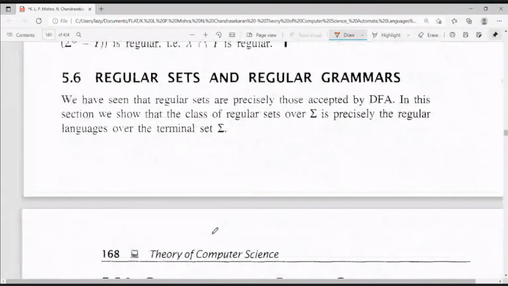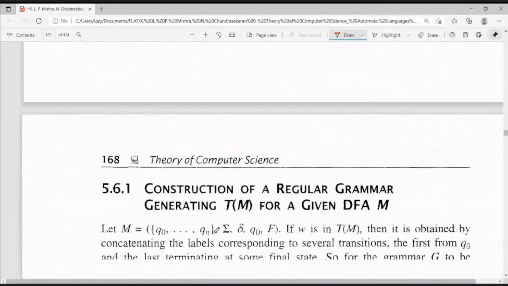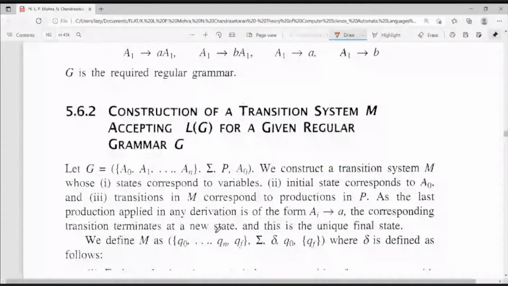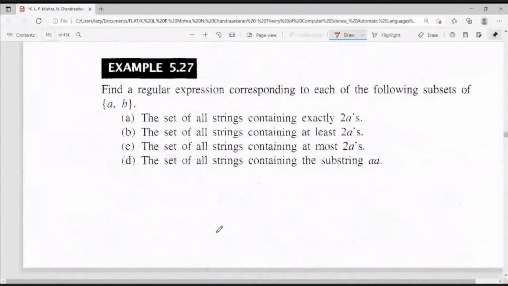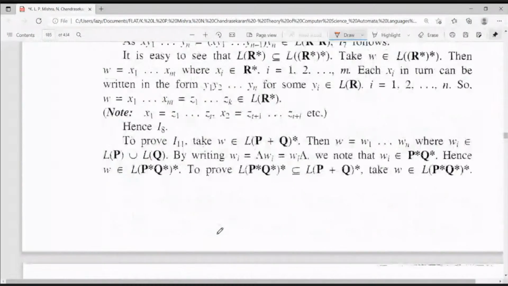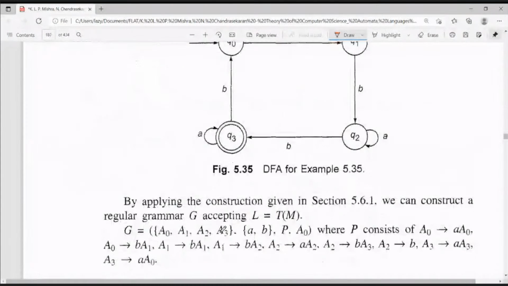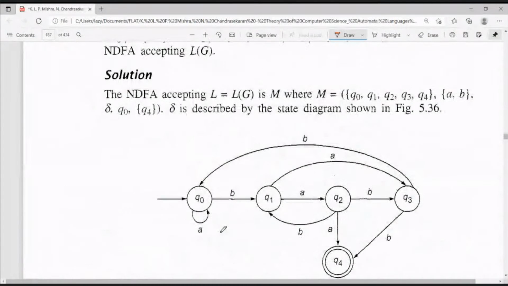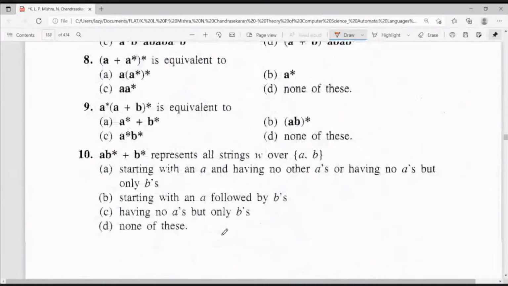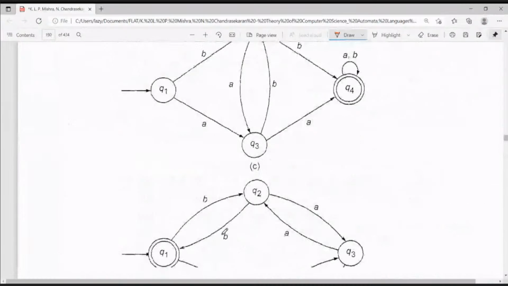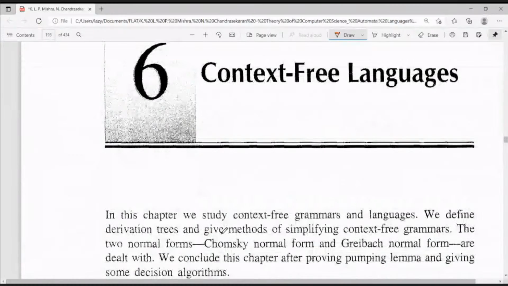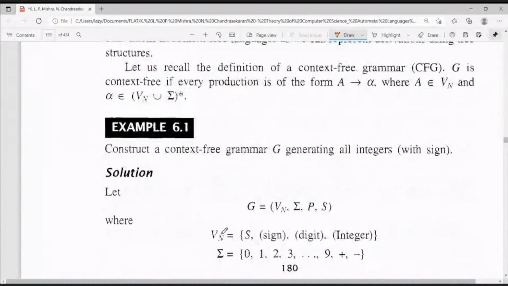So let us review regular sets and regular grammars. We'll review these concepts. Today, let us start a new topic: context-free languages.